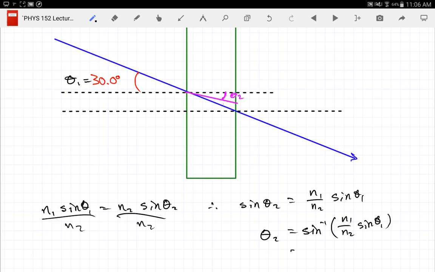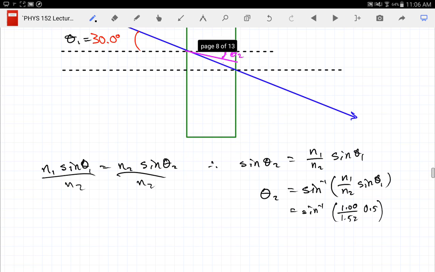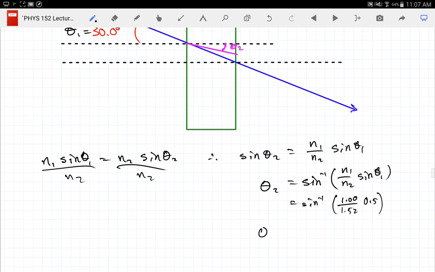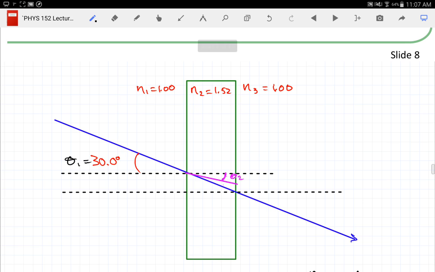Now we can put the numbers in pretty easily. Inverse sine of 1.00 over 1.52, sine of 30 degrees is 1/2, so times 0.5. And then I need people with calculators to give me a number. 19 point what? So this angle that I labeled theta 2 is 19.2 degrees.